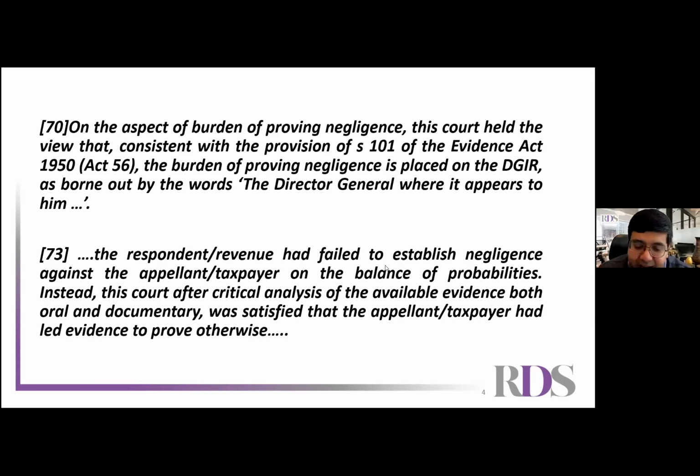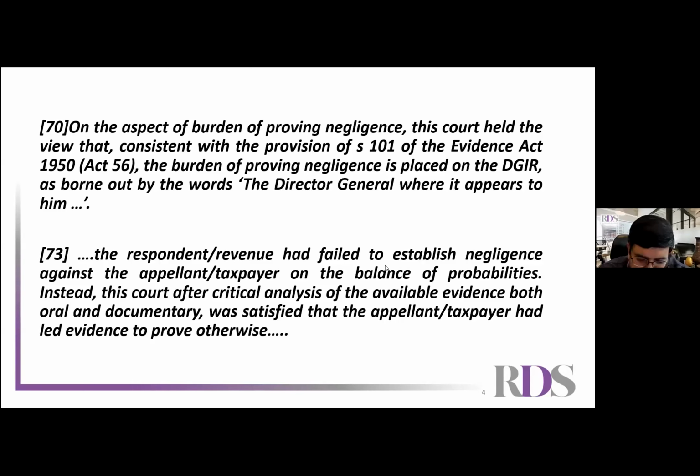Number 1, the taxpayer at all times took professional advice from a tax agent. Number 2, taxpayer provided cooperation to the IRB during the audit by giving all the documents requested. Number 3, taxpayer made full and frank disclosure of the tax treatment in the tax computation.